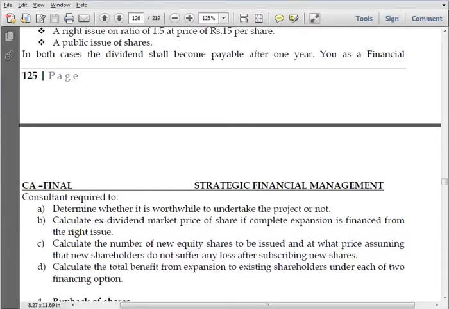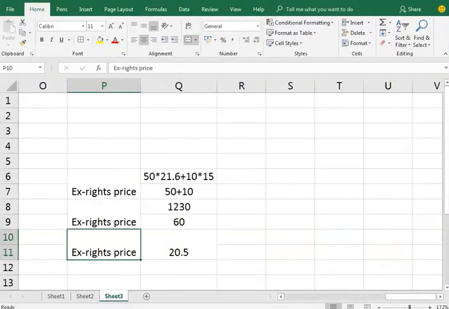Basically I am saying this 1230 will remain same. 60 crores into 20.5 is 1230 crores. Any doubts on this?